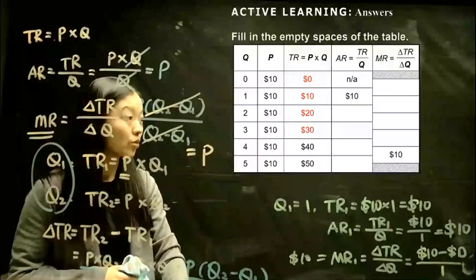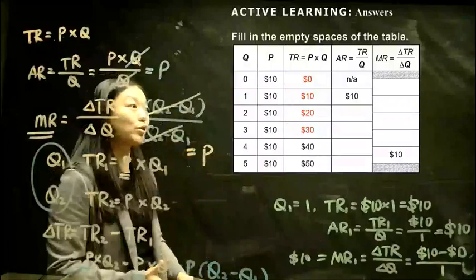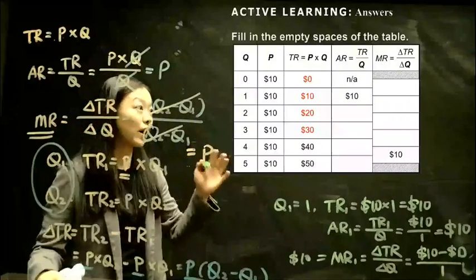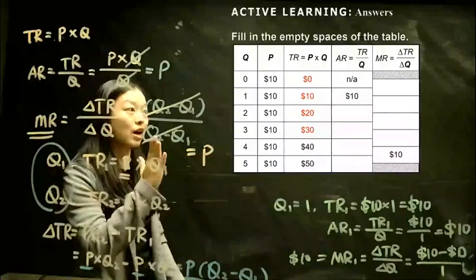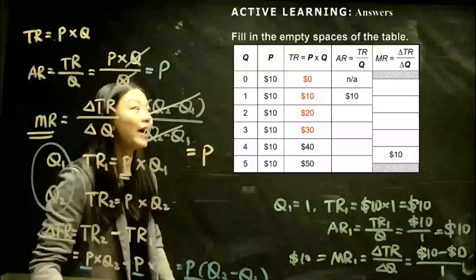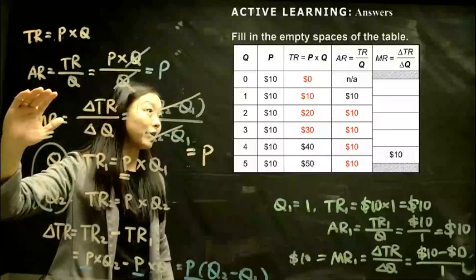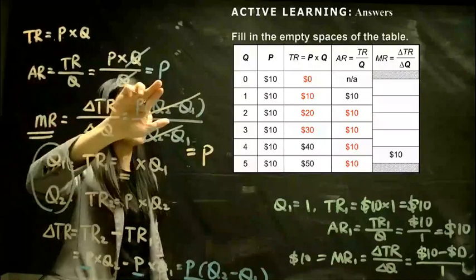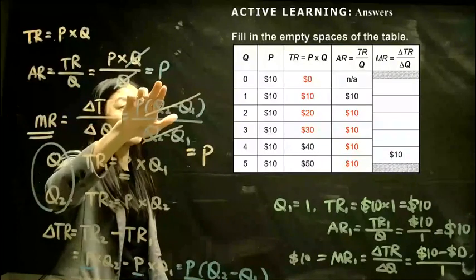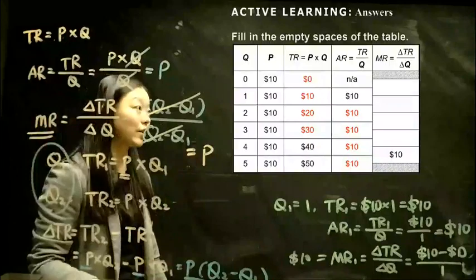And then you can continue to do that, okay? So you can see here we fill the total revenue, just equal to price times quantity. You can use the first column times the second column to get the total revenue, right? And then as we talked about, this average revenue will always equal price. So it will be easy for you to fill out the average revenue, also equal to $10.